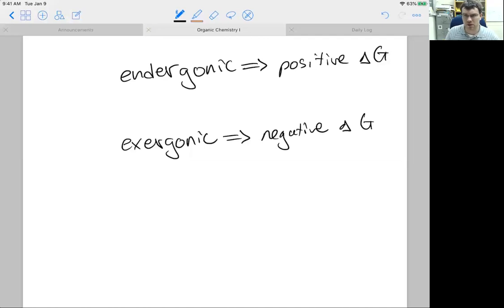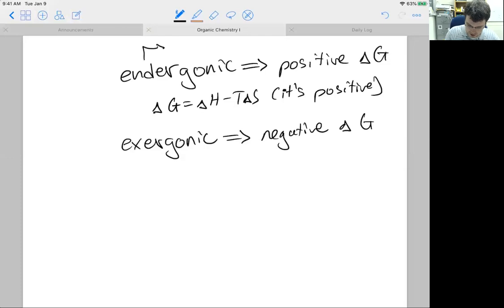When we talked about exothermic, that meant heat was being released, and endothermic, heat was absorbed. Does that mean that an endergonic system always has heat absorbed? Sometimes. All I'm really saying is that delta G equals delta H minus T delta S, and in the case of an endergonic system, it's positive. The entire term, delta H minus T delta S, is positive if something is endergonic.